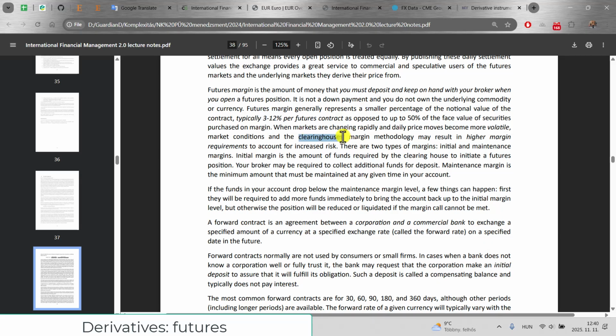Otherwise, it's really good because clearing houses are the middleman between you and the other counterparty on the futures market. So these margins are there to eliminate any partner risk. This margin is necessary because after the great financial crisis of 1929, they realized that we need some kind of middleman, and that's why they created the clearinghouse.